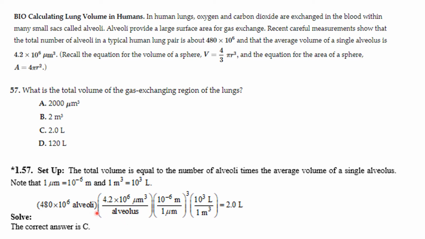And so we have this so far, but then we have to change the cubic micrometers into meters, and so 1 micrometer is 10 to the minus 6 meters, and then we're cubing that, so that's micrometers whole cubed, and so this will cancel with that, but this 10 to the 6th is being cubed, so that is 10 to the minus 18 when you're finished with that.